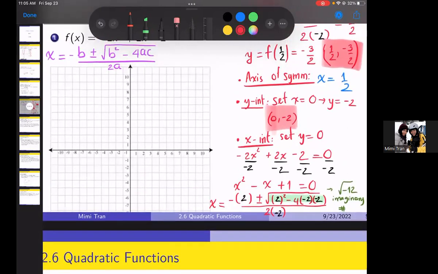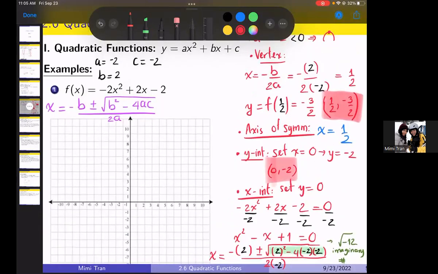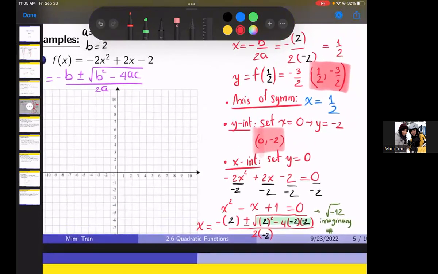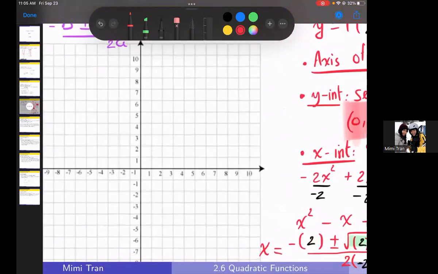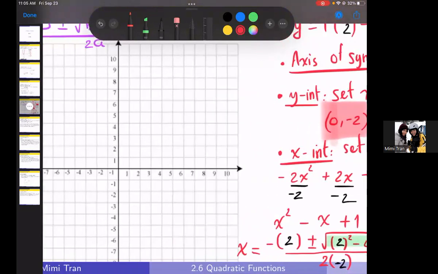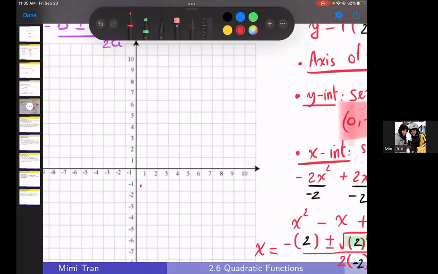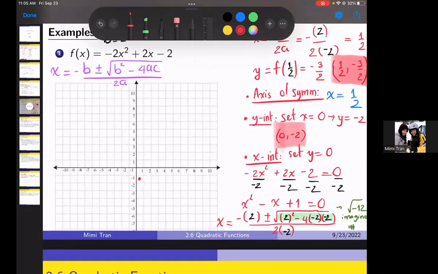Now you plug some points in. The vertex is 1/2, sorry, the scale is so bad, 1/2 and -3/2. So right here, that's the vertex. Another point is 0, -2. Again, remember your graph opens down, right?